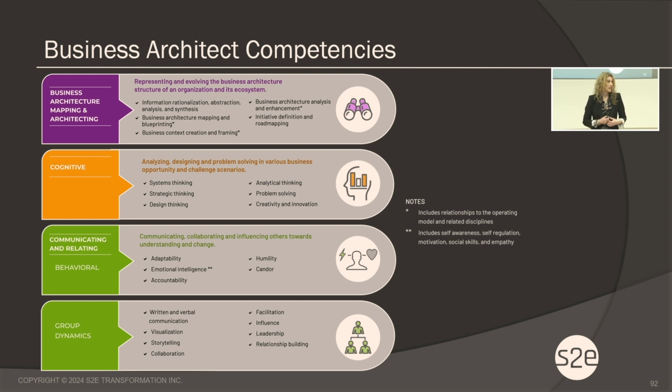And then we have communicating and relating competencies, both behavioral, so our personal characteristics like adaptability, and emotional intelligence is quite big, but also group dynamics. So how do we communicate, how do we visualize and storytell? How do we bring people together? And how do we influence and lead? All those are a big, big part of this job.